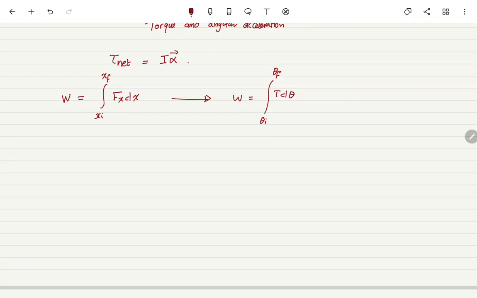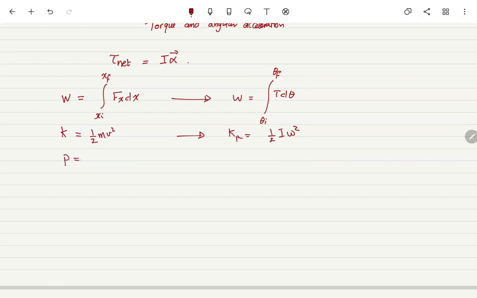Now the kinetic energy in linear motion is defined as half m v square. In rotational motion, the kinetic energy is defined as half I omega square.